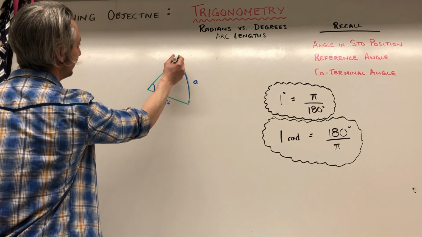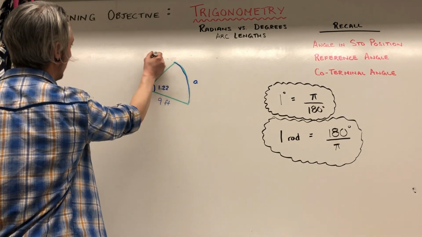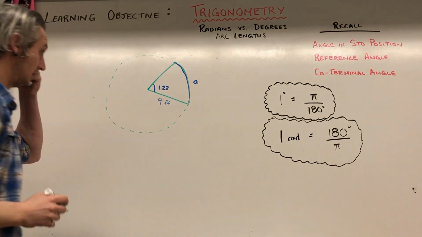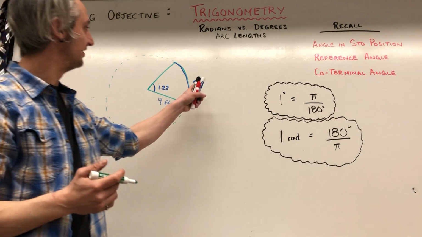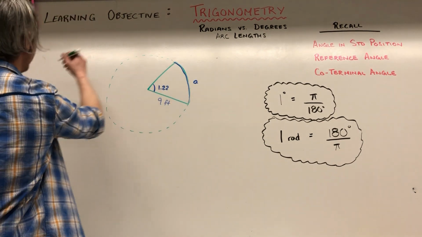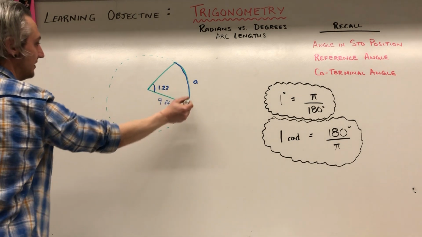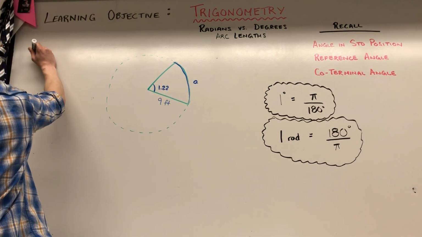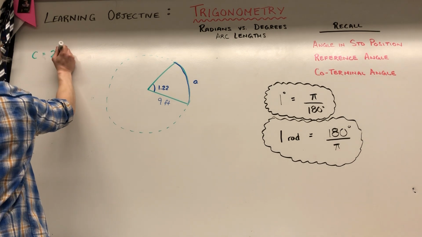Now, this is just a fraction of a whole circle, right? And we're going to basically use ratios to calculate our unknowns here. Now, if I had a whole circle, my circumference, my entire arc length around that circle, is C, equal to 2 pi times r.